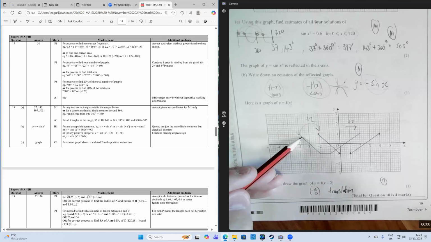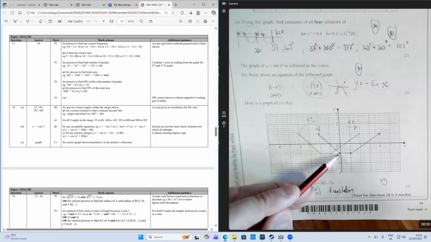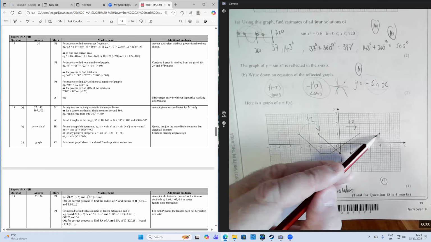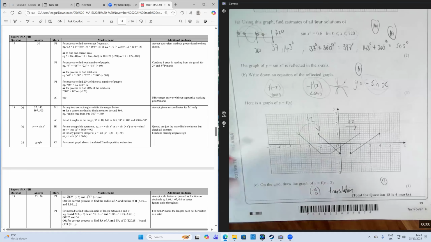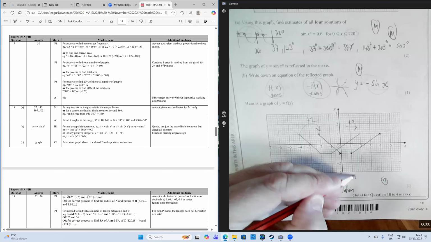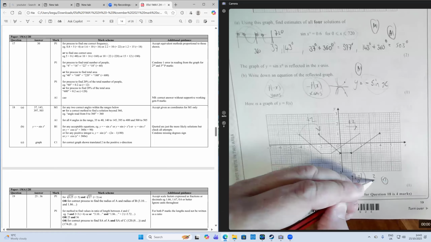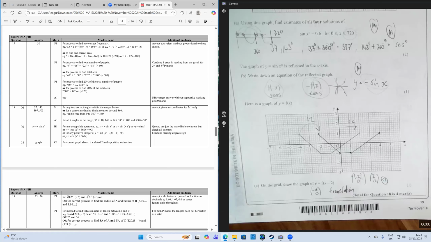So the whole graph moves from here across to here, like so, and that is our new graph. The whole thing has been translated by 2 units in the positive x direction, because this would be a translation by the vector (2, 0). So in other words, it's going to go 2 to the right.